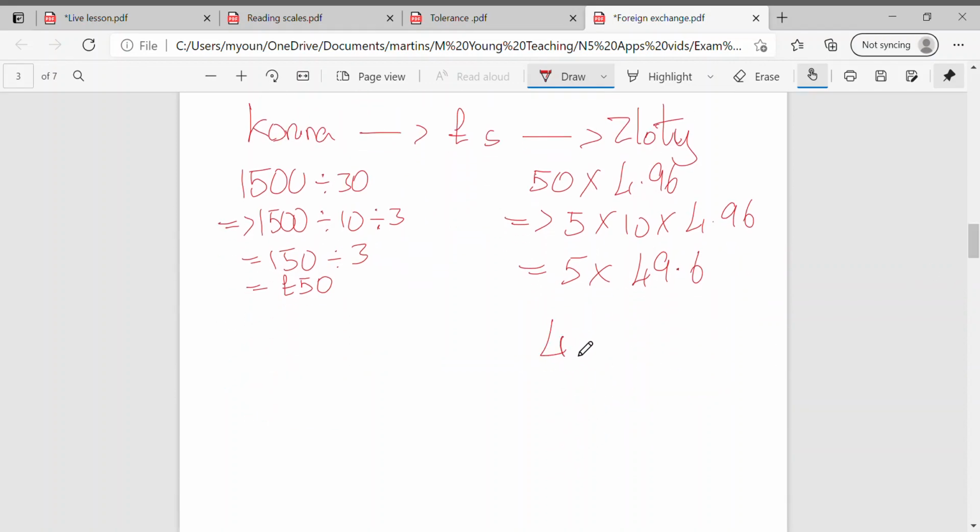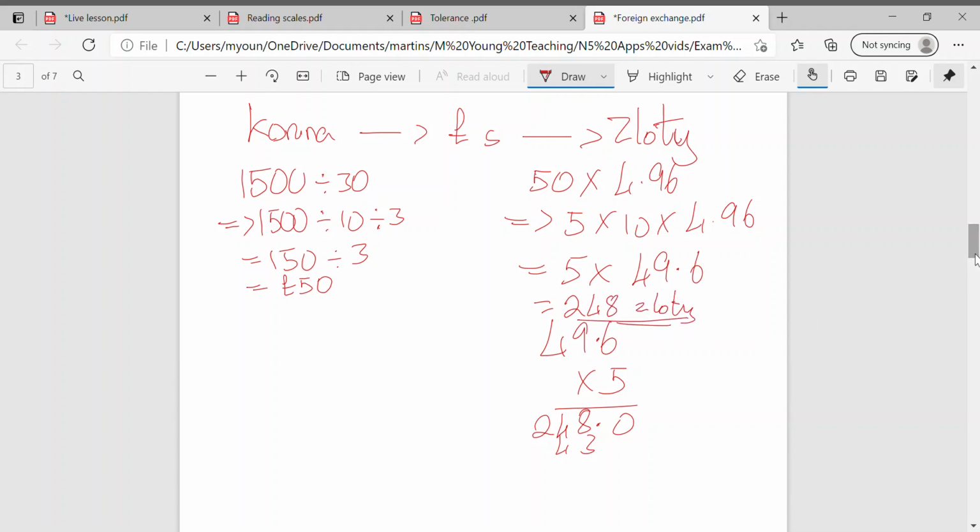Set out a sum if you need to. 5 times 6 is 30, 5 times 9 is 45, plus 8 will be 48, 5 times 4 is 20, plus the 4 is 24. Okay, so in total you're then given back 248, and it's zloty.